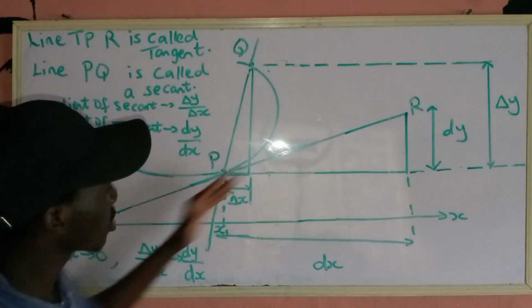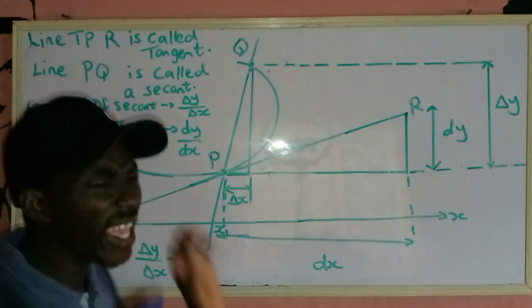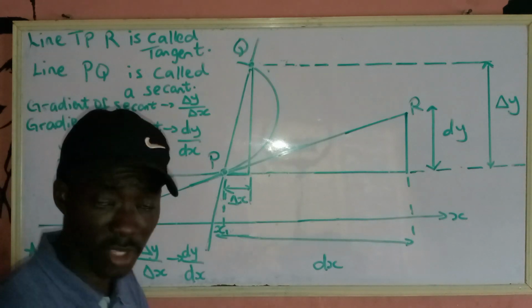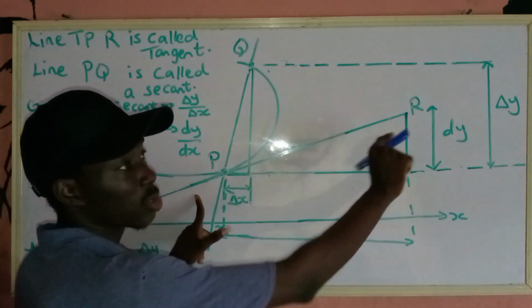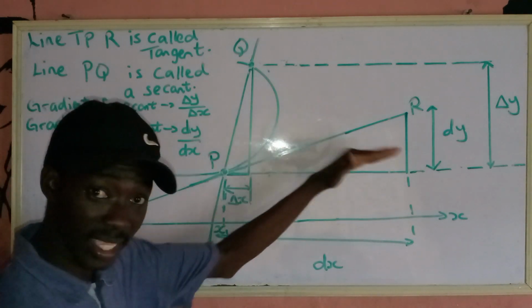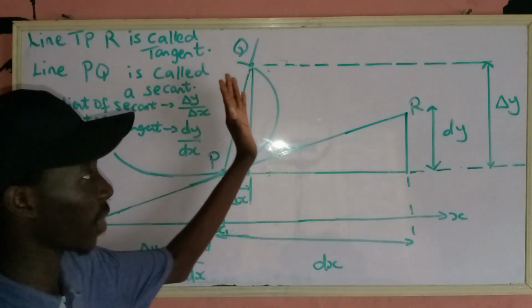Then the next thing you do is find the gradient of that line. So when you find the gradient of the tangent, you have also found the gradient of the curve. Are you getting?